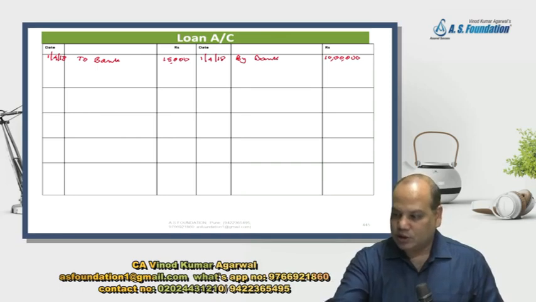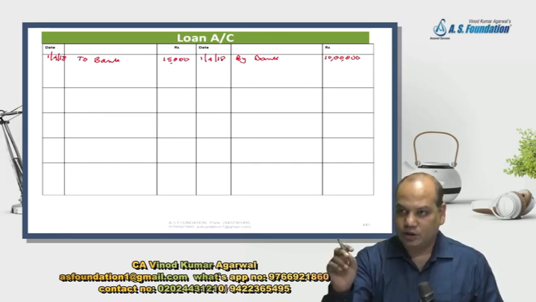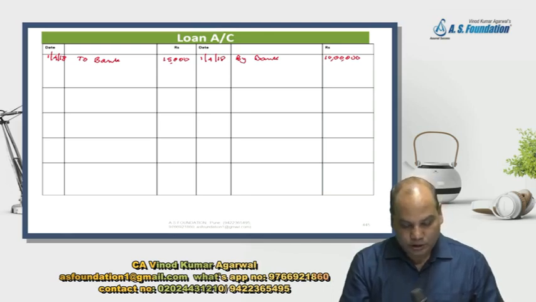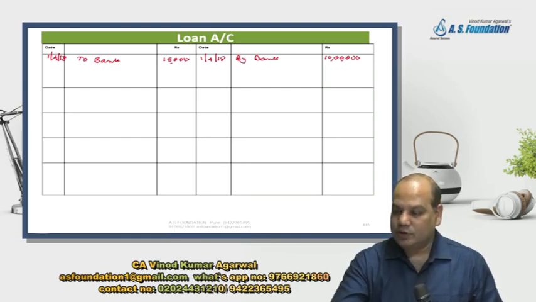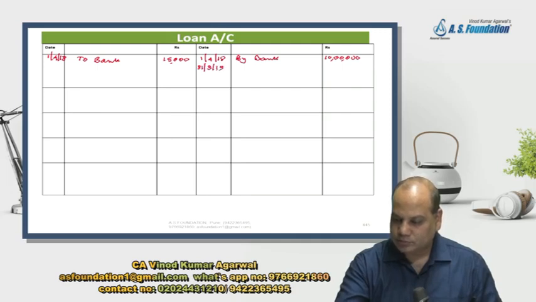Now it means my net balance on day one is 9,85,000. Is there any other transaction on this date? It says B Limited gave at 31st March 19 loyalty bonus of 5,000. But first I'll pass the entry for interest 31st March 19.